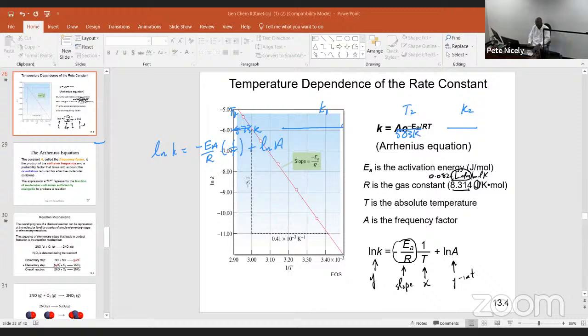Okay, so basically, I'm going to put k1 here and T1 here, and then I'm going to write down another equation where I have ln k2 is equal to minus EA over R times 1 over T2 plus ln A, all right? Okay, so what I'm going to do now is subtract one equation from the other.